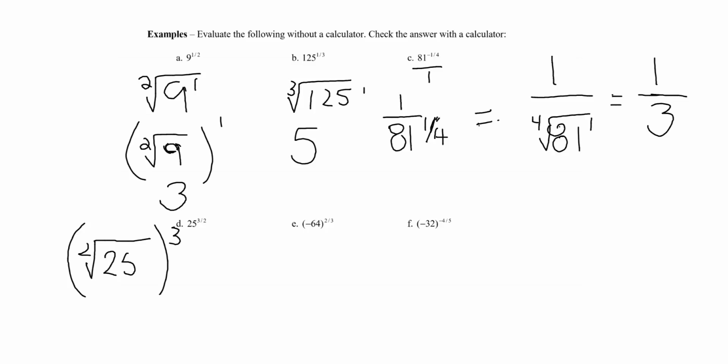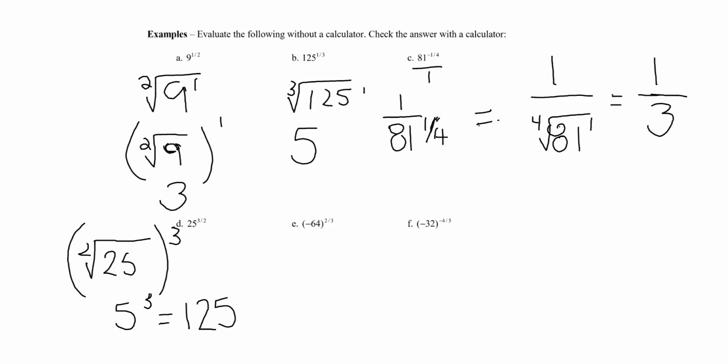You can do it either way. I think this is a little bit easier, but it's up to you. The square root of 25 is 5, and then we have to evaluate our exponent. So kind of think of order of operations, parentheses, then exponents. And 5 cubed is 125, so that's our final answer.